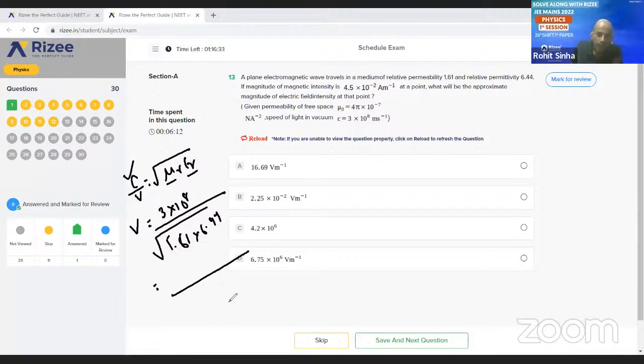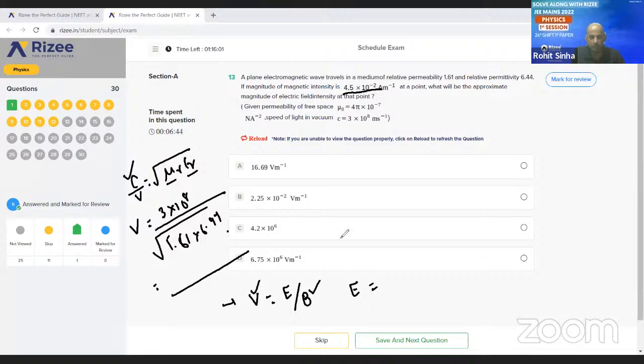And also we know that for an electromagnetic wave, the velocity is given as v is equal to electric field intensity by magnetic field intensity. The value of v you will get from here, put it here. After putting the value of v, you are also given the value of B, put the value of B and you will get the value of E. This will approximately come like this.